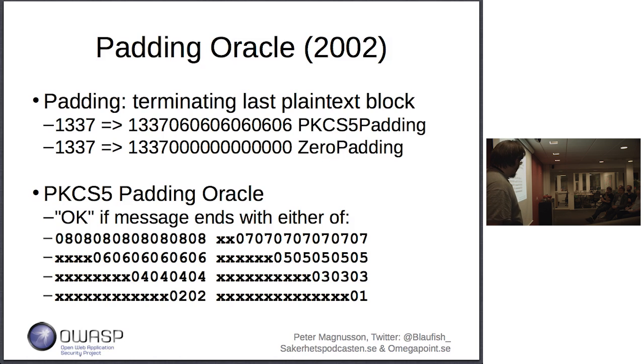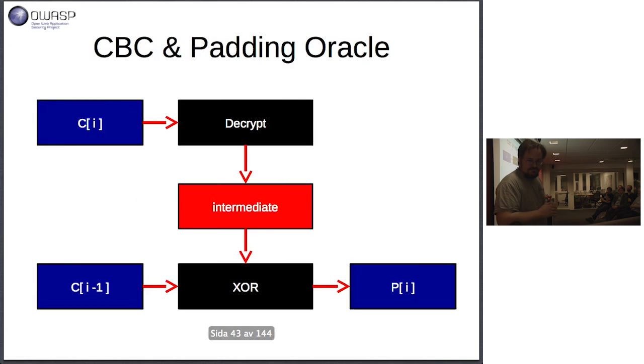Or the shortest padding is 0-1, which says that only 1 byte in the final block is padding. All the rest is actual real data. And what the scientists found out was that this introduced a really bad vulnerability into the system.